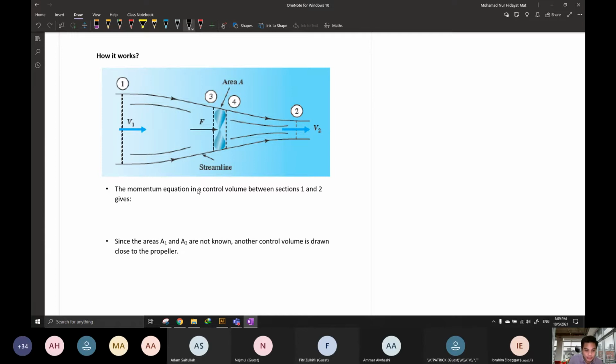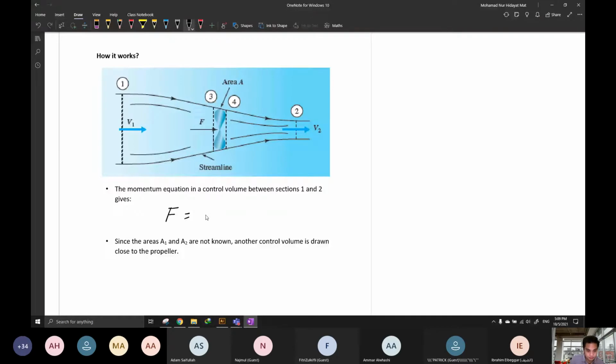The momentum equation in the control volume between section 1 and 2 gives, remember that the momentum equation simply says the summation of force is equal to the mass flow rate multiplied by V2 minus V1.